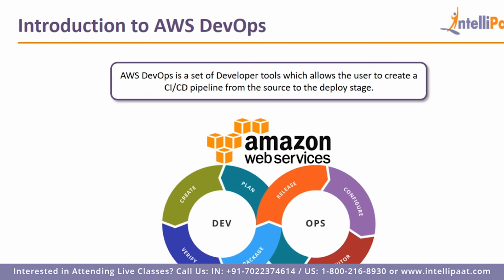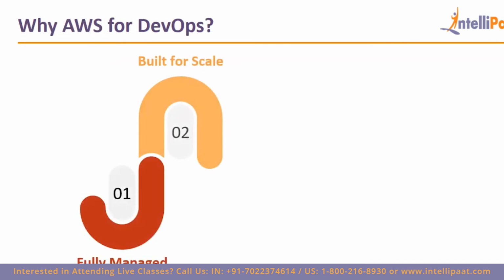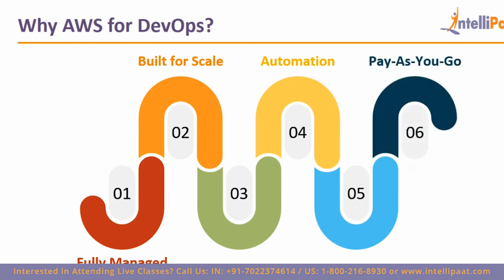It is using DevOps principles on AWS, and there are a few developer tools which are used to do that. Then why AWS for DevOps? Because of fully managed services, you can scale easily, it is programmable, and you can automate your entire company's process. It is secure, and as I said already, it is pay as you go.